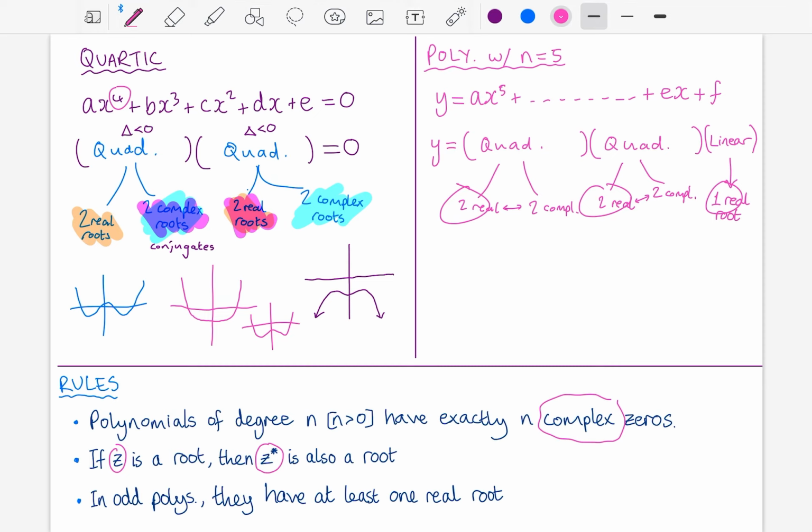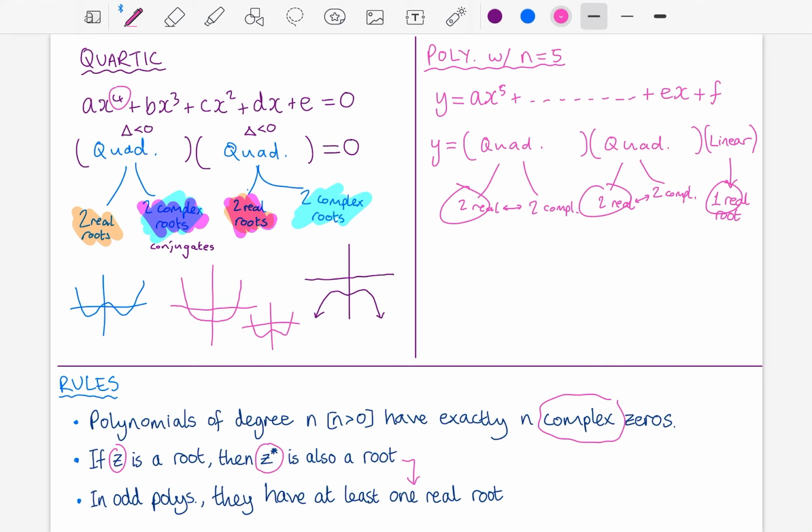In odd degree polynomials, you must have at least one real root. Well, that comes from the rule above. If one complex number is a root, you're going to have its complex conjugate as well. If there are an odd number of roots, you can't fill that with only pairs. We saw this with the polynomial of degree 5.